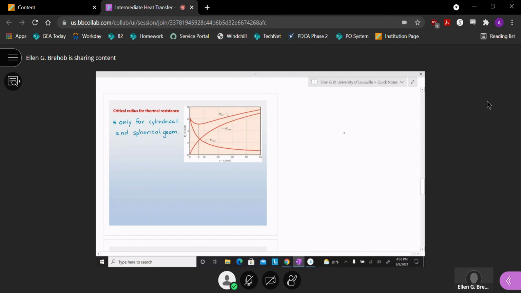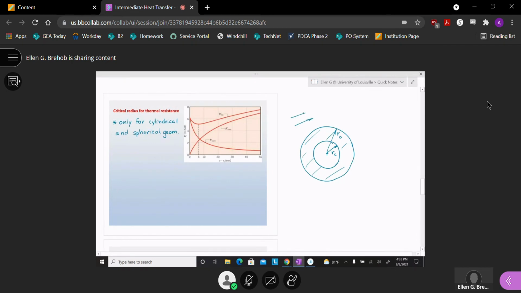If I drew a cylinder, and we are going to imagine that this is my chunk of material. So I'm looking at a cylindrical tube wall, inside radius and outer radius.